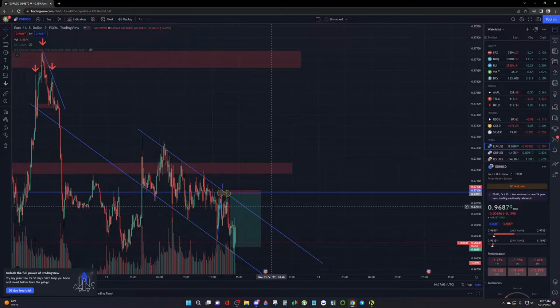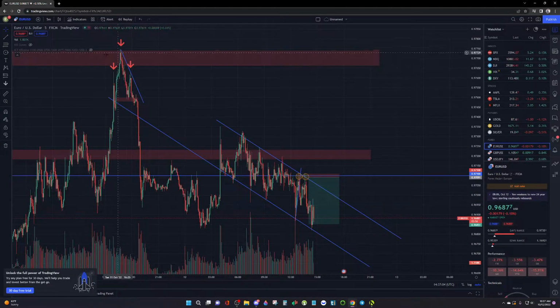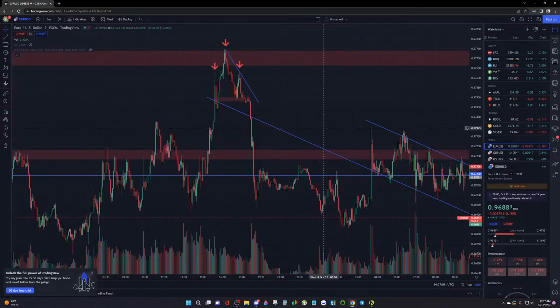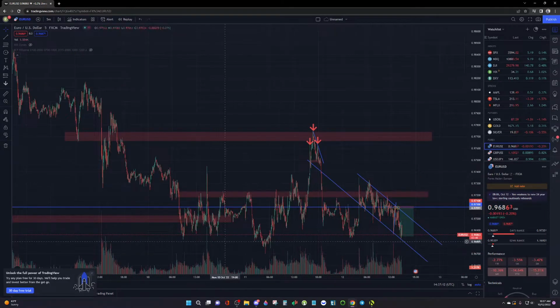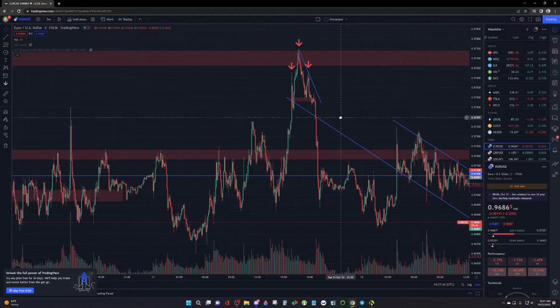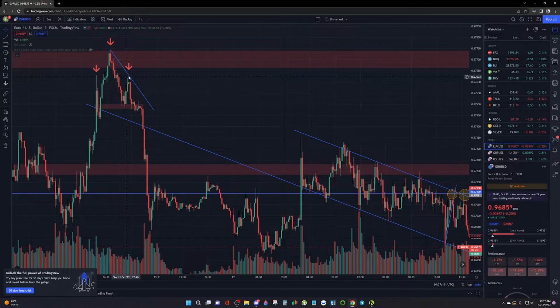And I took a trade right here. This was another trade I took right here. I saw this reversal pattern, a bearish reversal pattern, head and shoulders, right here. As it broke out of consolidation, I saw this as an opportunity for a reversal. I took a short right here, if I remember correctly, and then I almost got stopped out here, but I ended up taking profits a bit early.